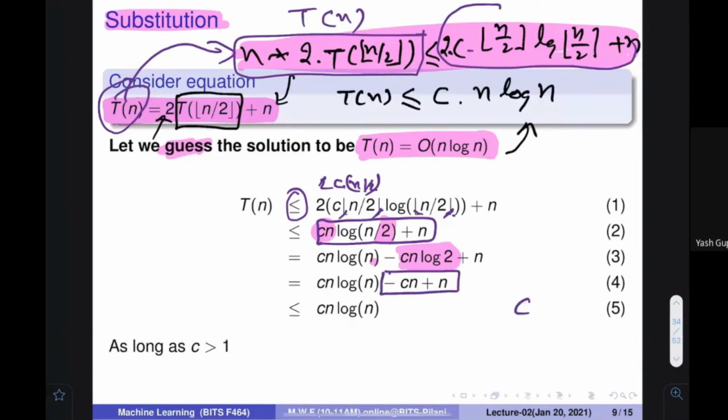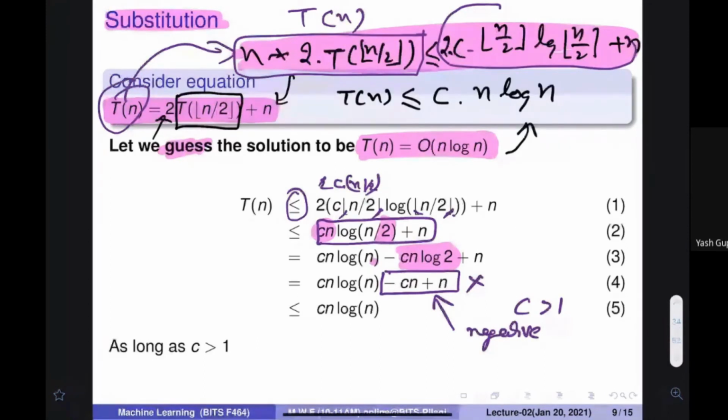If the value of c is greater than 1, then this part is negative. And if you remove this part, then this complete term becomes even bigger.